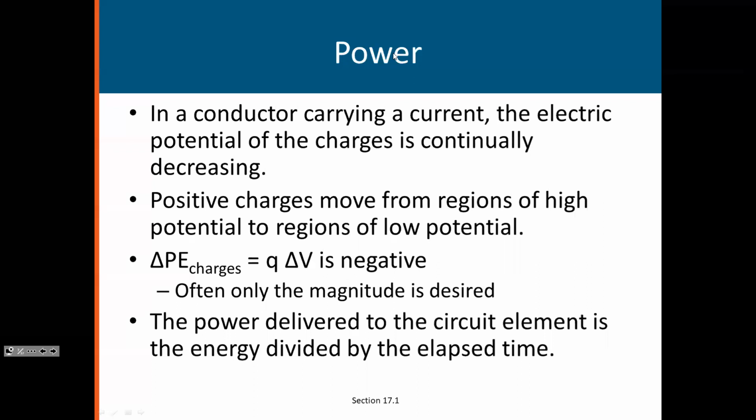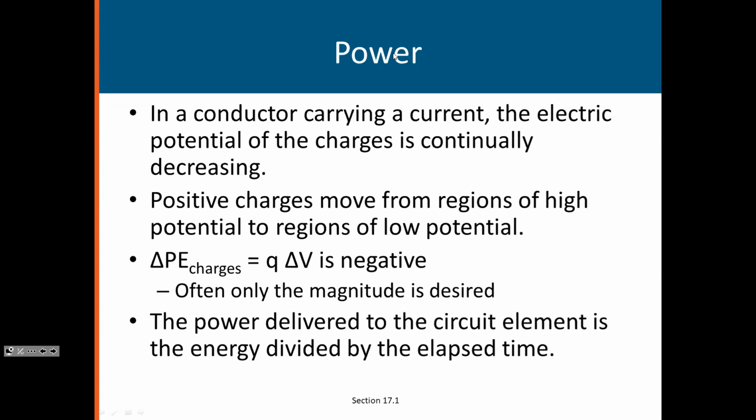Power. In a conductor carrying a current, the electric potential of the charges is continuously decreasing. Maybe one of the questions in the exam was a statement question. Always the charges move to reduce their potential energy. It doesn't matter whether it's a negative charge or positive charge.